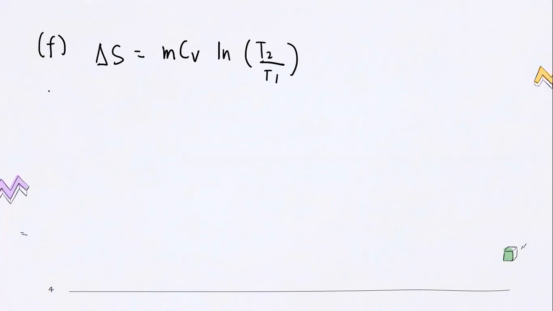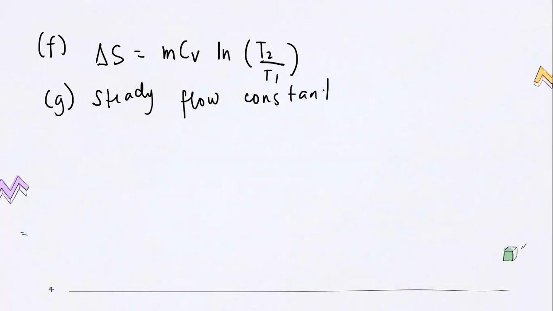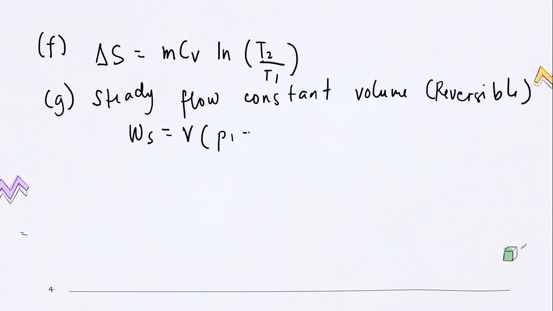Okay. Now for the reversible steady flow constant volume. This one is under the reversible. Okay. The formula is V times (P1 minus P2), volume and absolute pressure. Okay.